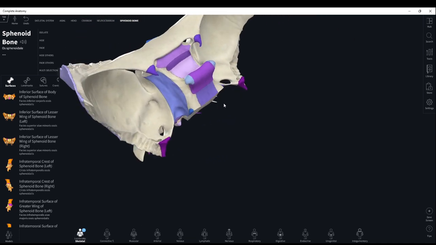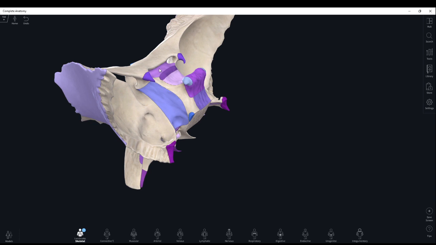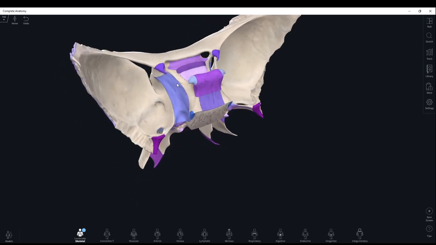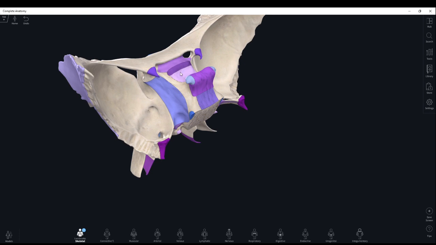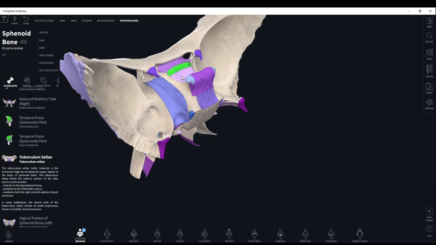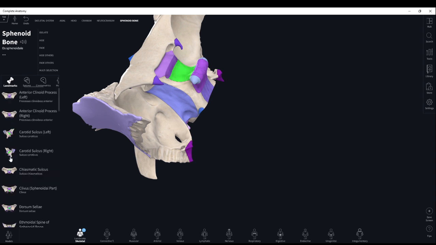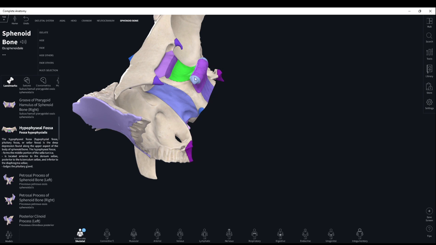On the superior surface of the body of the sphenoidal bone, you can see the sella turcica, Turkish saddle, which has the anterior tuberculum sellae on the anterior aspect of it, anterior to the hypophyseal fossa. This part is called the hypophyseal fossa, fossa hypophysealis.